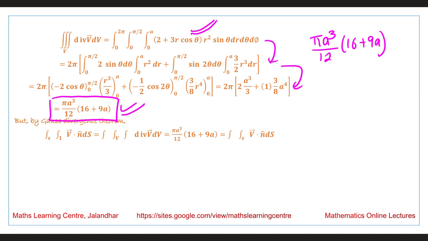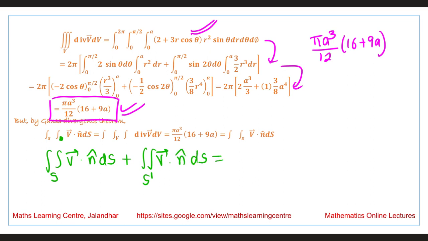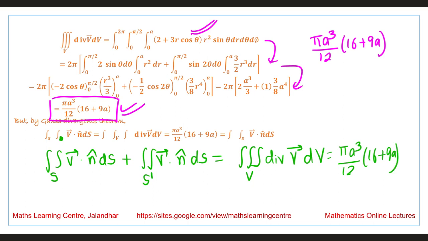So we have obtained that the double integral over the surface S of v vector dot n cap into ds plus the double integral over the surface S dash of v vector dot n cap into ds is equal to the triple integral over v of divergence of v vector into dv, and this is equal to pi a cube by 12 into 16 plus 9a.